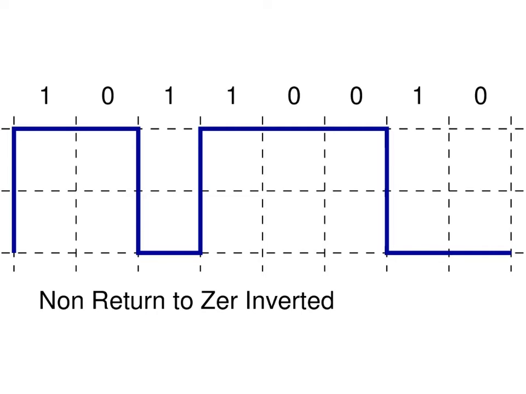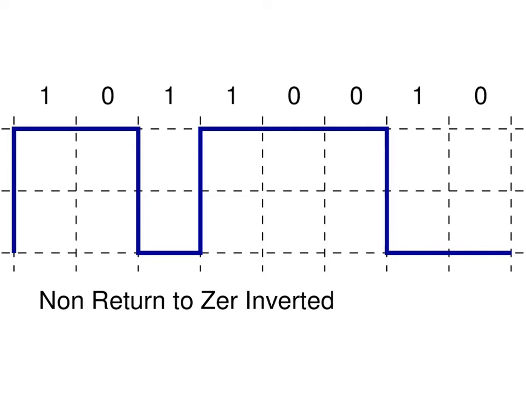So we're high. When we have a bit 0, we don't change the level. We maintain the level. So bit 0 we maintain as the previous bit, high. We have a bit 1 to transmit, therefore we change the level, transmit for that pulse period. Next bit is bit 1, so change the level. Bit 0, don't change, and so on.